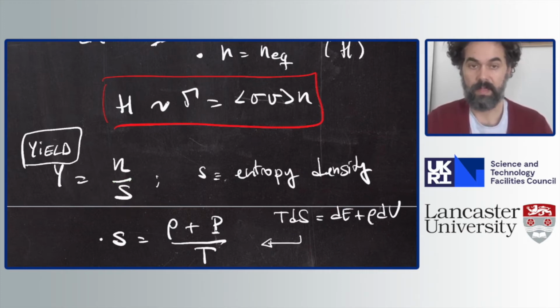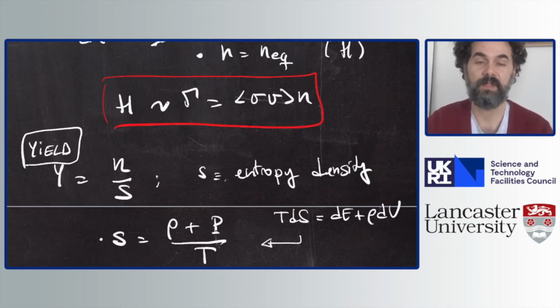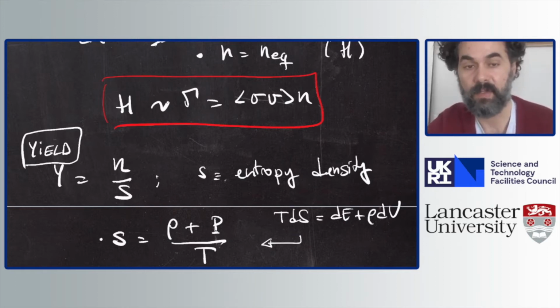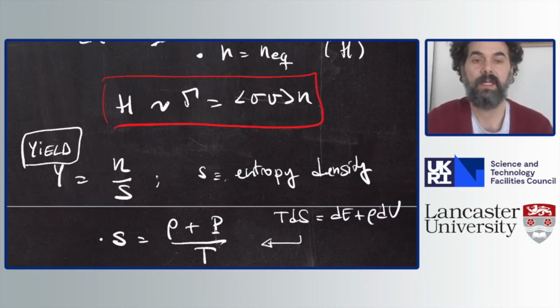The reason this is used is because the entropy is constant if there are no sources of heat or dissipation. So it is a good quantity to define a process which is only evolving because the volume is changing.